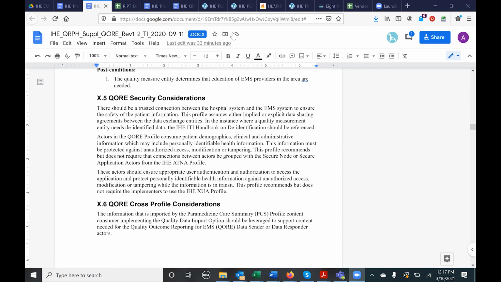But within the IT infrastructure, we have a couple of full stack solutions. Some of them are what the nationwide health exchange backbone is based upon. So certainly this content could be communicated through the established transports that are used for the nationwide health network.